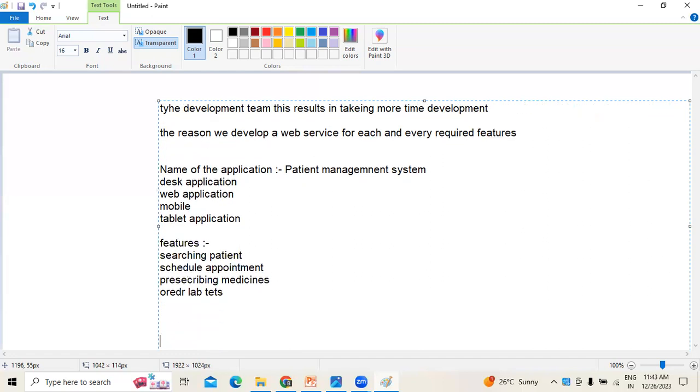Now, whenever we are going to develop these features, what is required here? If you are creating web services for the required features, let's say for searching for a patient, we create a web service.